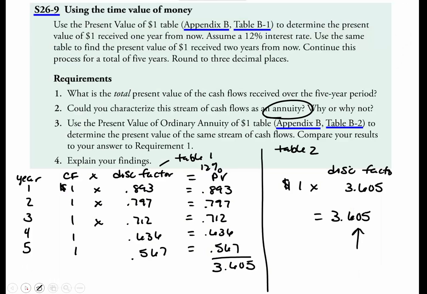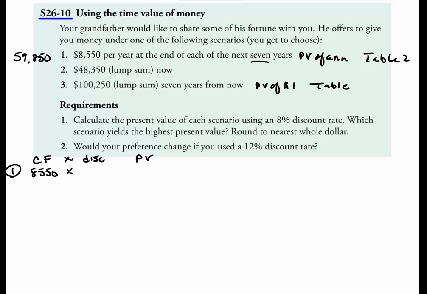So that's what I fill in here, times 5.206, and I get a present value of $44,511, which means receiving $85.50 a year for the next 7 years is the same as receiving $44,511 now.